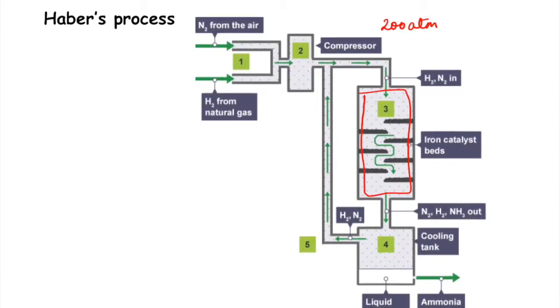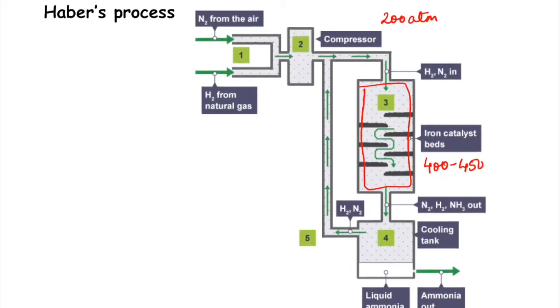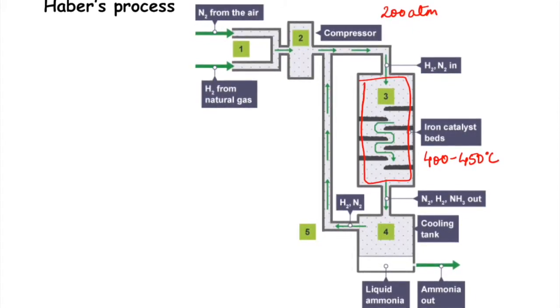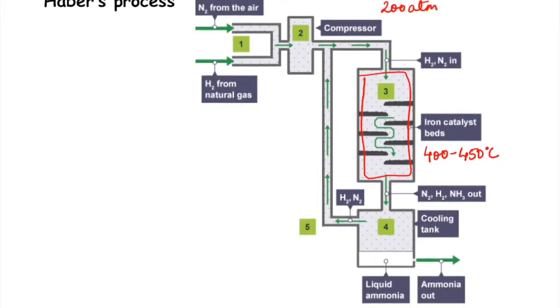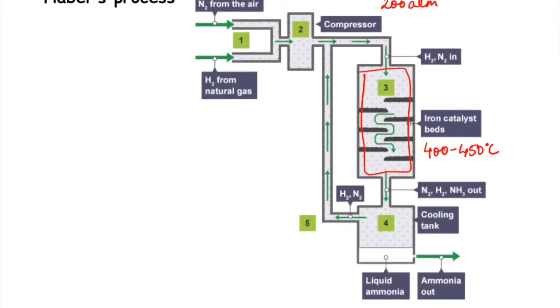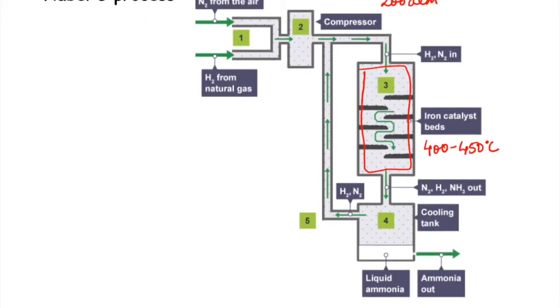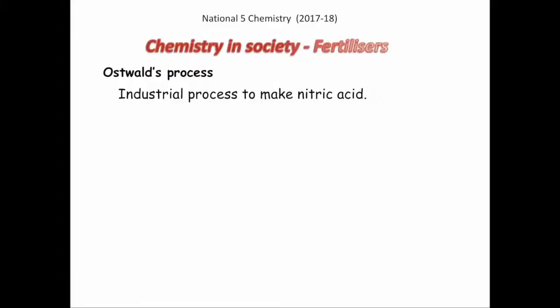So a compromising temperature between 400 to 450 degrees Celsius is maintained in the heating chamber. Manufactured ammonia and mixture of unreacted gases are then cooled, which allows ammonia to liquefy and be removed easily. The unreacted gases are recycled back to the heating chamber to continue the process.